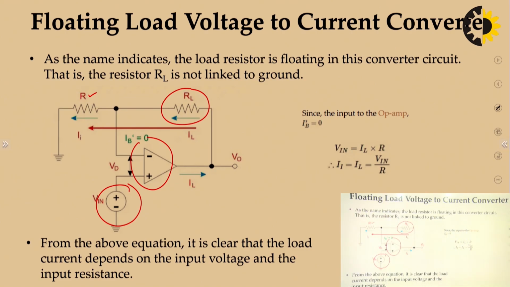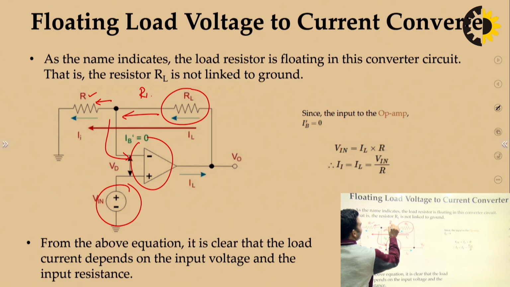So now the analysis of this circuit is very simple. The current flowing in this branch will be equal to the current flowing in this branch, because no current will enter the input side of this operational amplifier. Now you can see that the current flowing through resistor RL will be V naught minus the potential of this point, which by virtual short circuit will be equal to V in.